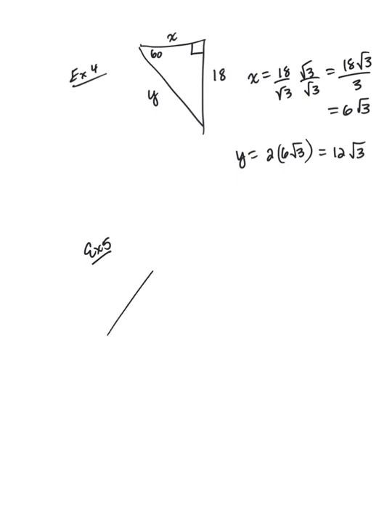Okay, let's look at one more question here. Okay, so let's say the side across from 30 is 3 rad 3.